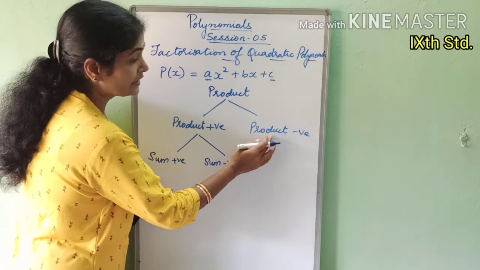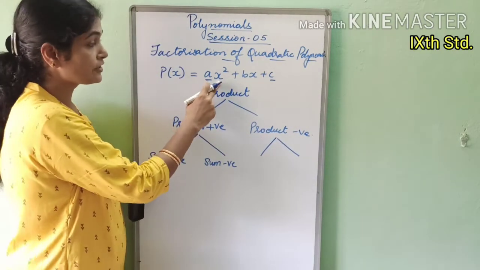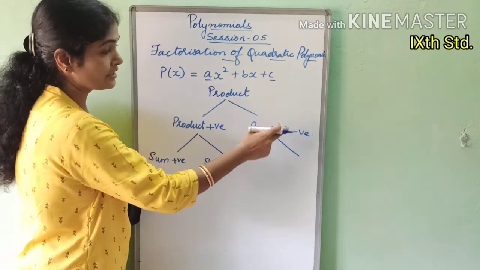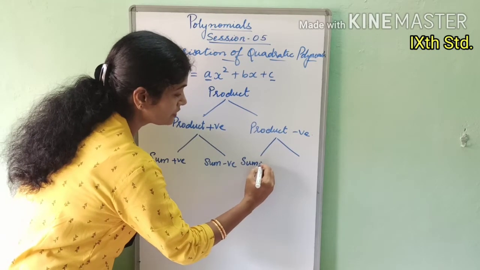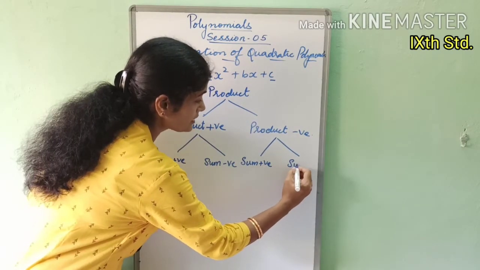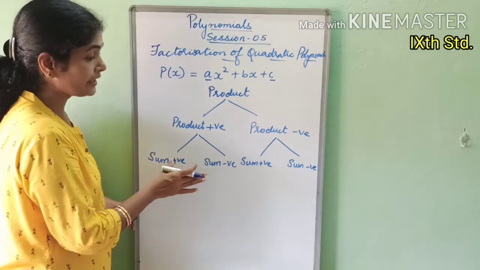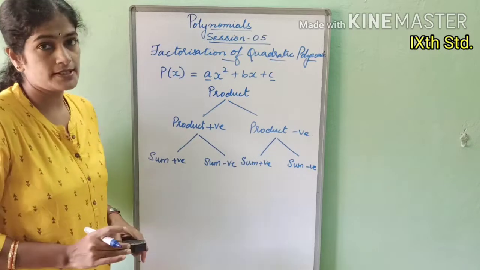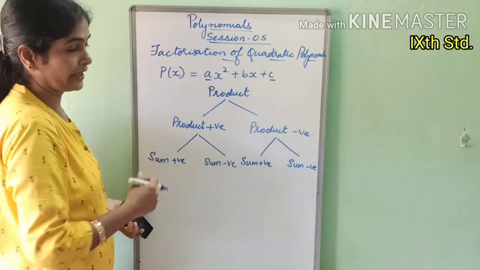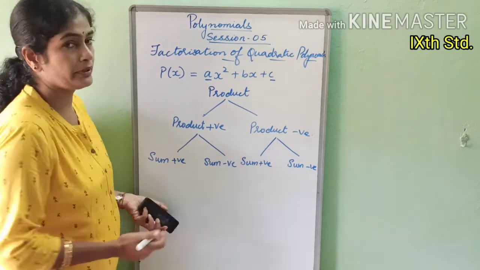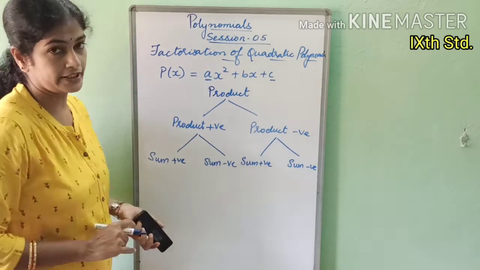Similarly if the product is negative, the sum can be positive and the sum can be negative. So you may basically get 4 types of quadratic polynomials to factorize. For each one we will take up an example and see how to get the factors.